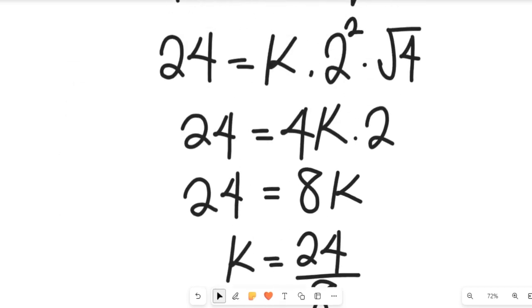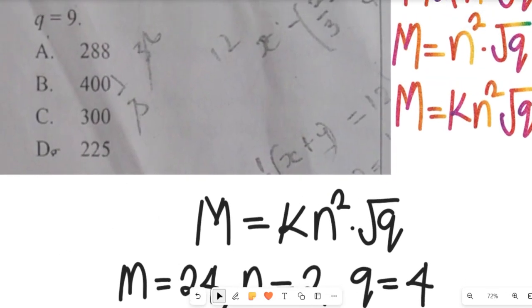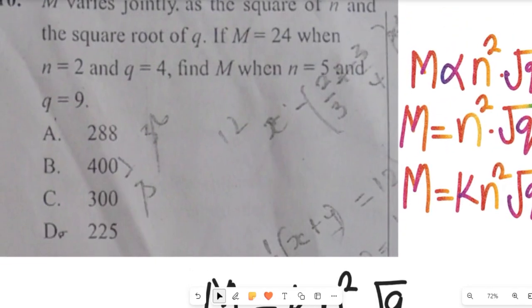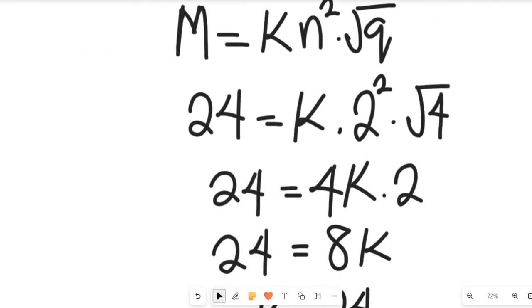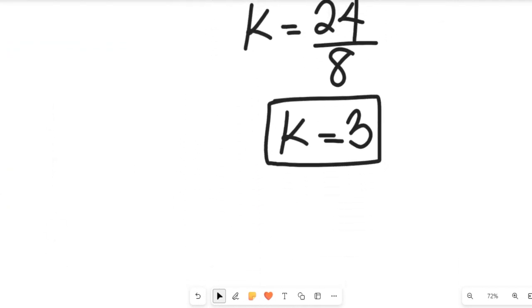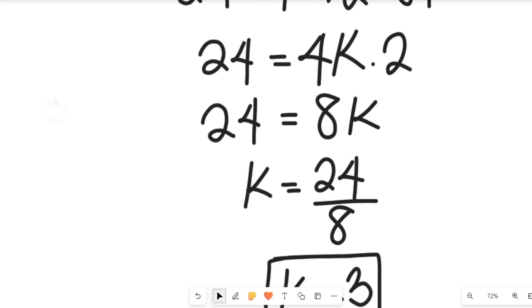Now, remember the question: you are asked to find the value of m when n is equal to 5 and q is equal to 9. To find that, we need the relationship holding m, n, and q.